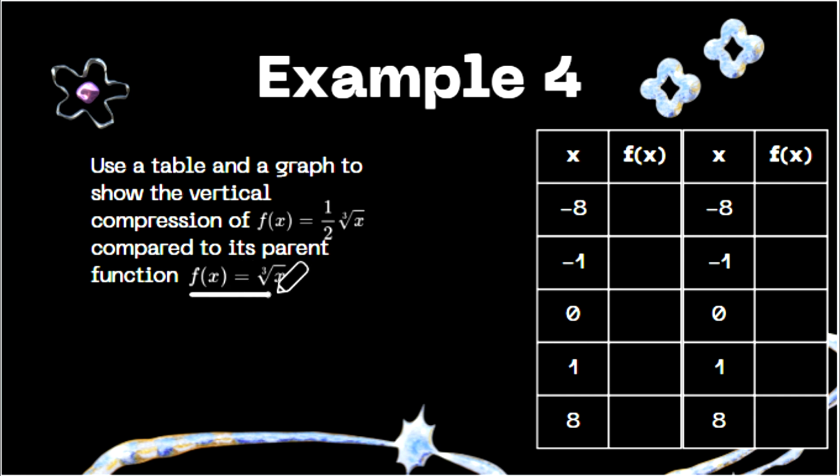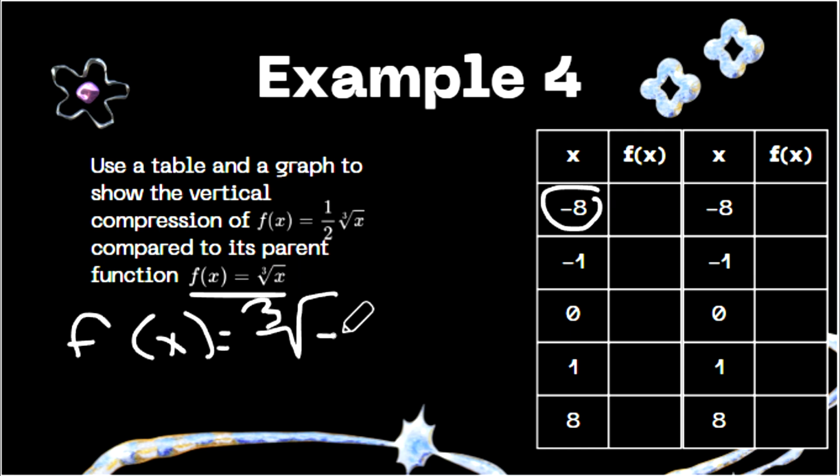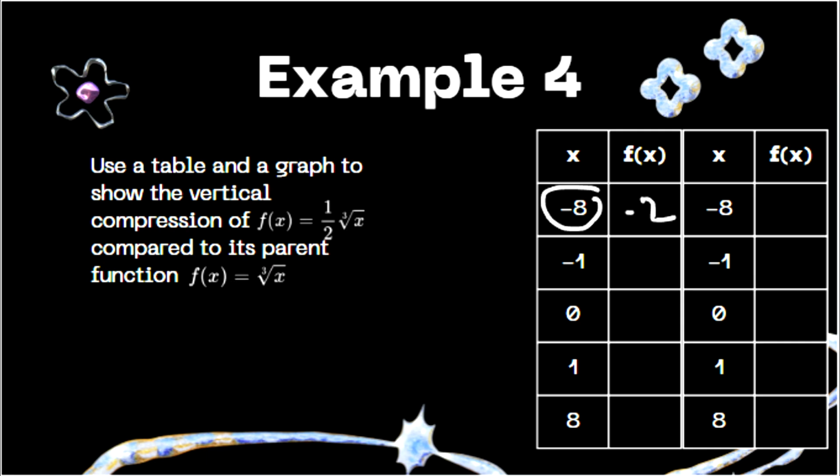We'll start with our parent function, and we'll just go ahead with this negative 8. So we have f of x is equal to the cube root of negative 8, and the cube root of negative 8 is negative 2. Okay, let's solve for our dilation. So here's our formula for our dilation.